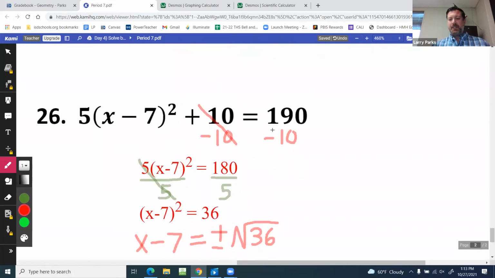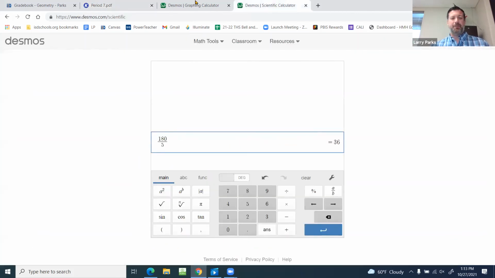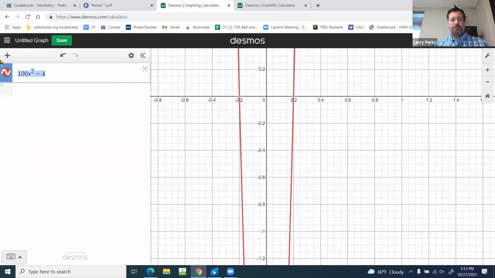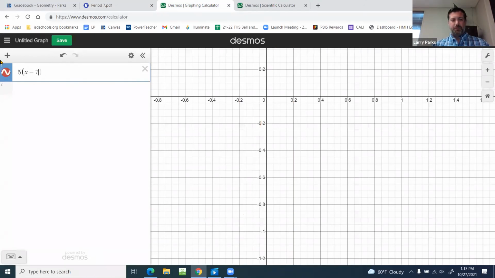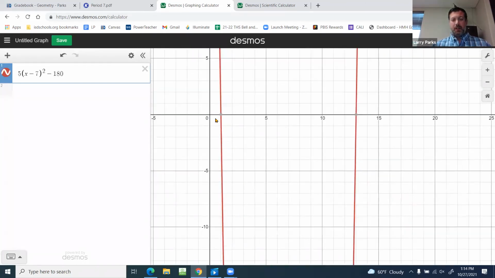If I were to type this into Desmos, I would subtract 190 from both sides. 10 minus 190 would be negative 180. So I would type in this with negative 180 and look for the x-intercepts. I have 1 and I have 13.